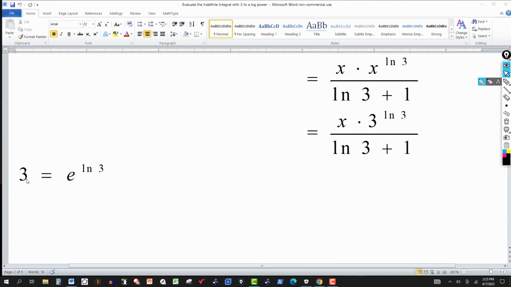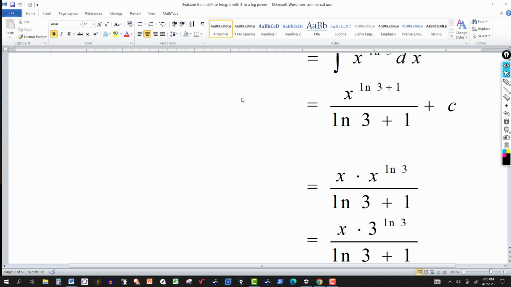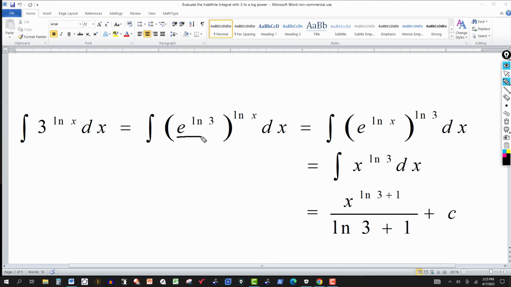Notice here 3 is equal to e to the power ln of 3, because this base is e, and this is e. So this expression is just another way of saying the same thing as 3. I just rewrote it. So getting back over here, this is just 3 from that substitution, so this is the same thing as this.